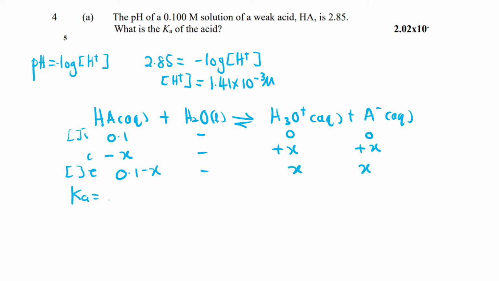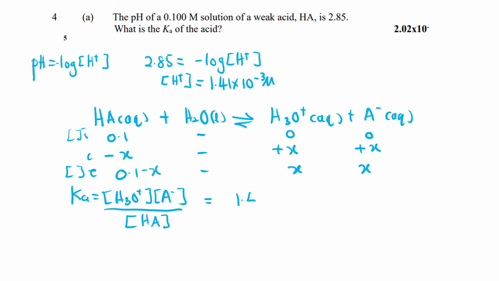So Ka is equal to concentration H3O plus times concentration A minus over concentration HA. Jadi kita gantikan saja nilai di sini, di mana ini adalah nilai x ialah 1.41. Okay.